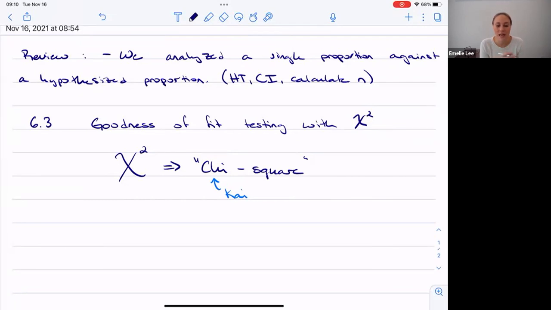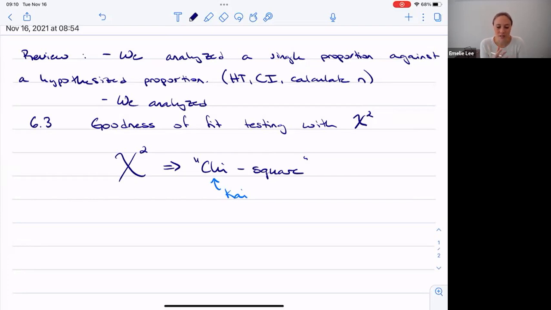And then we said, okay, well, what if I have two proportions? What if I have two samples that I want to compare? And so we analyzed the difference in two proportions, right? You can think of them as being compared to each other, but technically what we're doing is looking at the difference, and is that difference significantly different from zero?